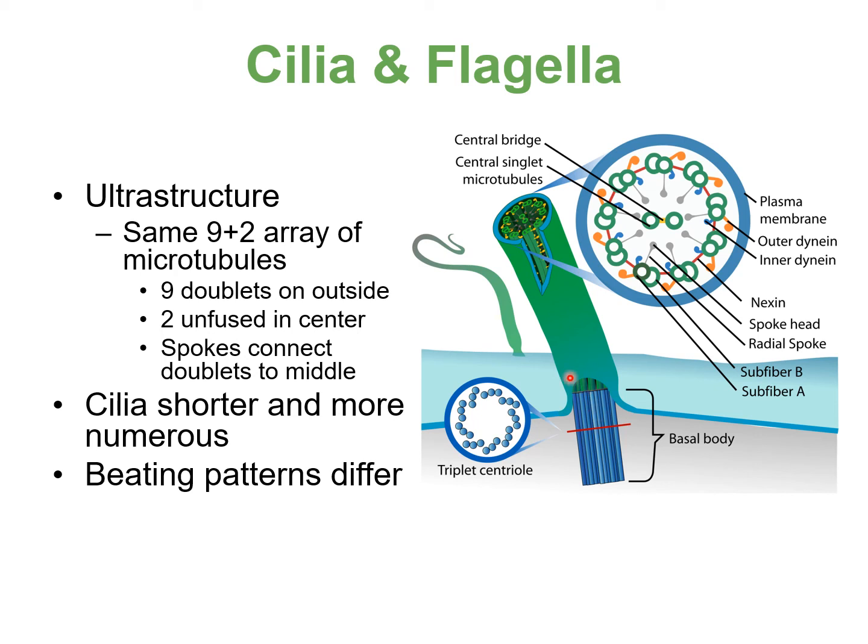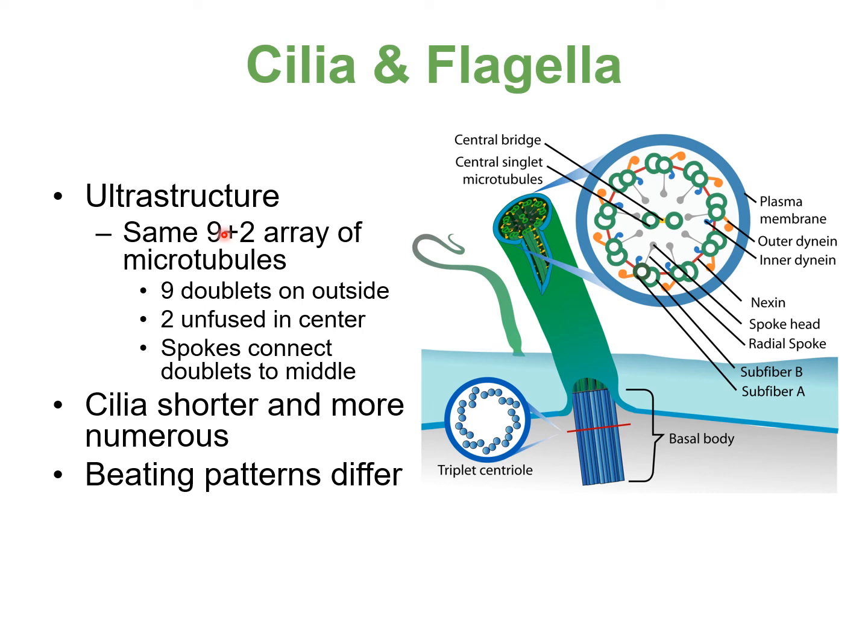Within it are long microtubules, which is kind of interesting because the cells that have flagella, the flagella can be 3 or 4 times the length of the cell, but they're still going to be at the center of them. These long microtubules are arranged in this circular pattern of doublets.